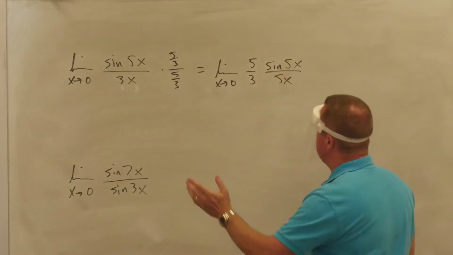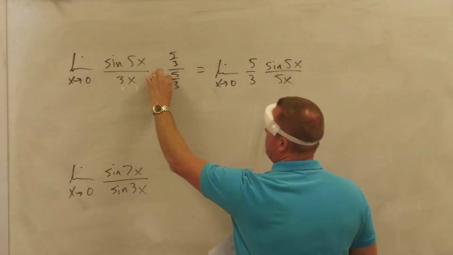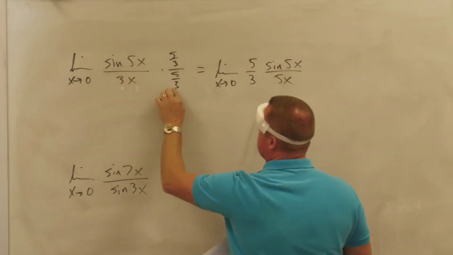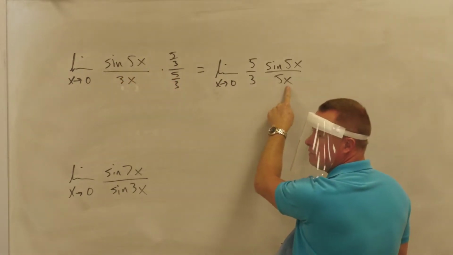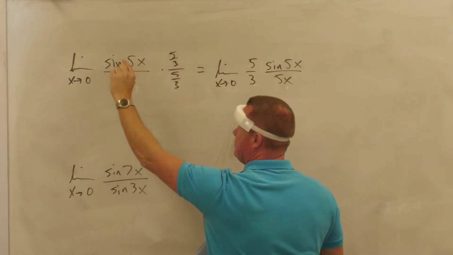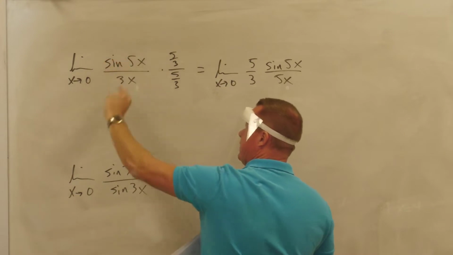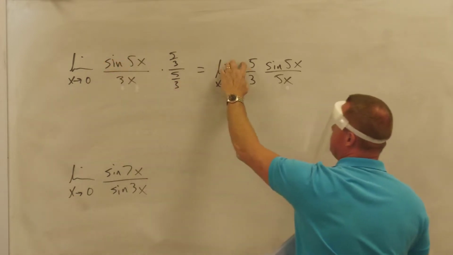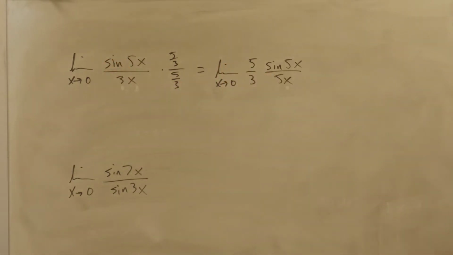And the way I get this: 5/3 times the bottom, the 3's cancel, that gives me the 5x. If I say 5/3 times the top, then I've just got that fraction over the bottom, and that's the same thing as multiplying by the fraction. Any questions about that?